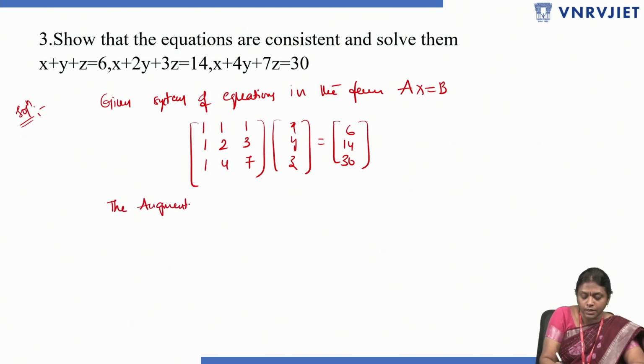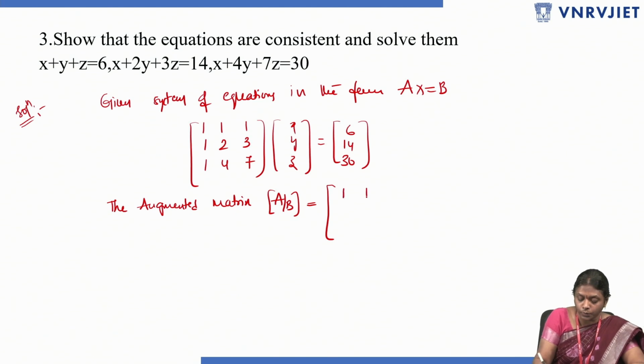So here the augmented matrix is defined as A given B. That is a combination of both A and B matrices. So I will be writing 1, 1, 1, 1, 2, 3, 1, 4, 7. I'm just drawing a line. 6, 14, and 30. Now, again I need to reduce it into echelon form. What are the operations I need to implement here?